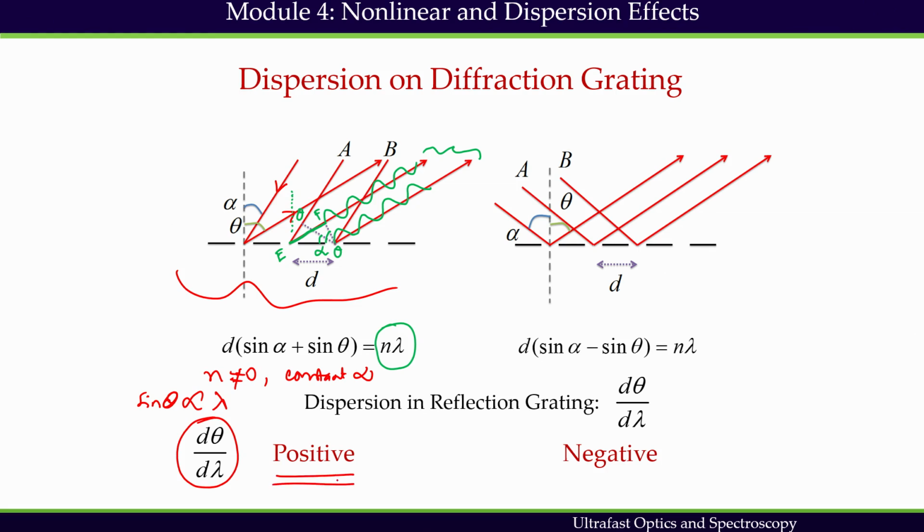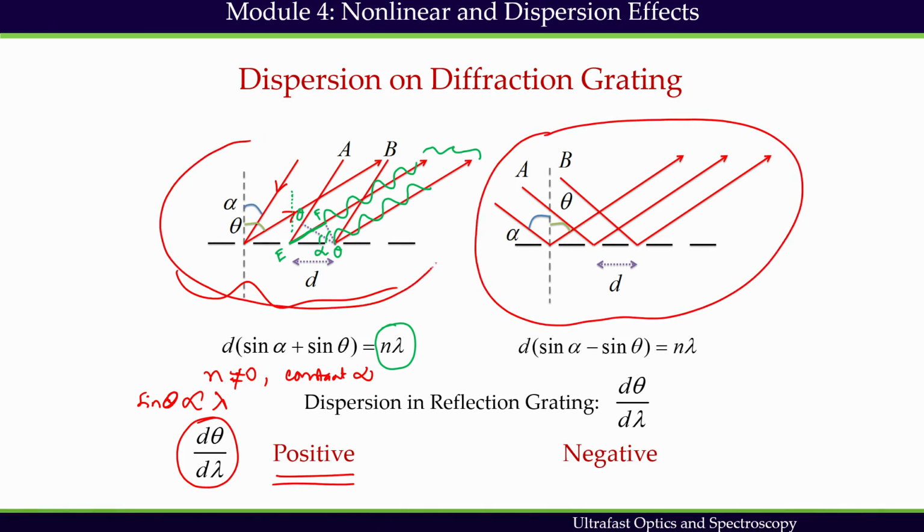Similarly, we can have this expression. What is the difference between this geometry and this geometry? In this geometry, both rays A and B are on the same side of the surface normal, but in this configuration, both rays are on the opposite side of the surface normal. If they are on the opposite side of the surface normal, we can prove that this d theta d lambda is going to be negative.